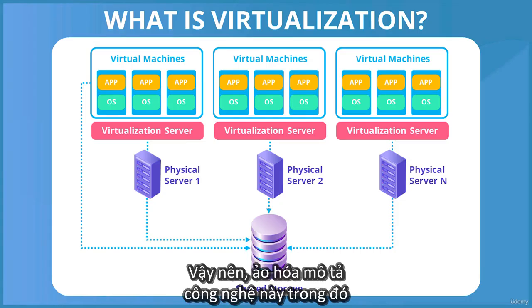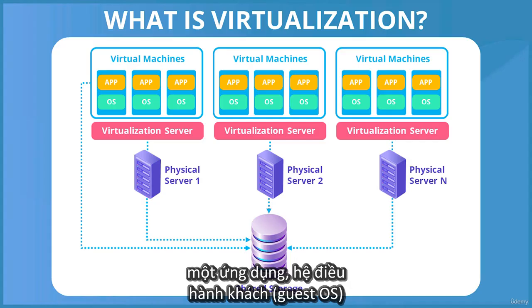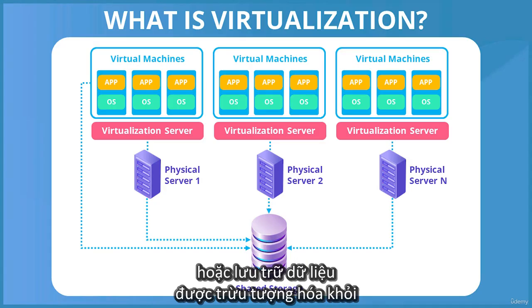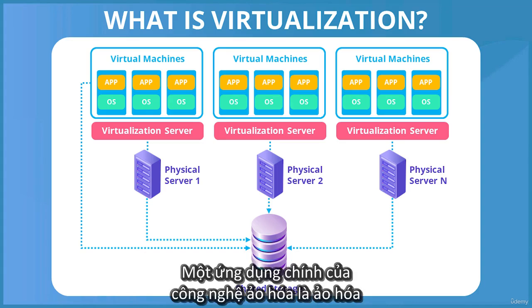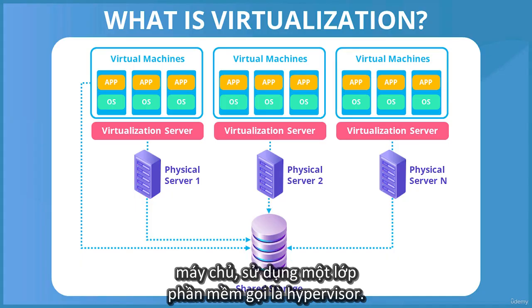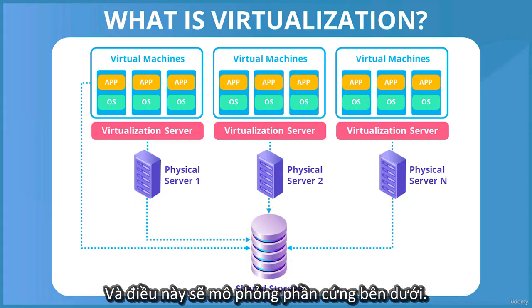So virtualization describes this technology in which an application, guest OS, or data storage is abstracted away from the true underlying hardware or even software. A key use of virtualization technology is server virtualization, which uses a software layer called a hypervisor, and this will emulate the underlying hardware.